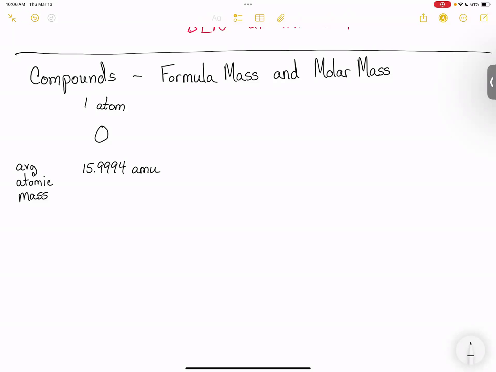And that is, instead of one atom, let's have 6.022 times 10 to the 23rd atoms. And if we have 6.022 times 10 to the 23rd atoms of oxygen, now it is 15.9994 grams. We can physically go up and measure 15.9994 grams.